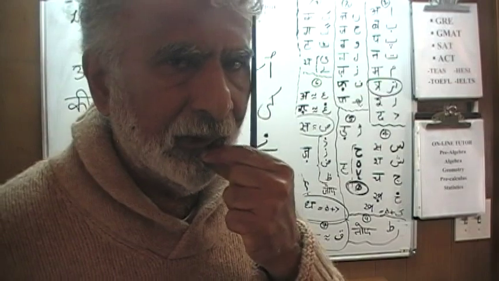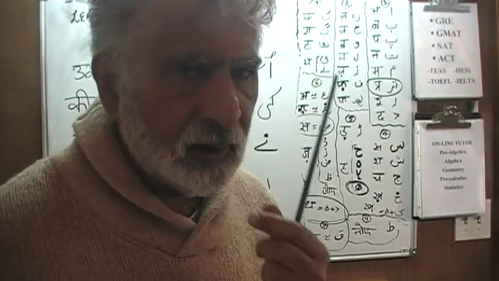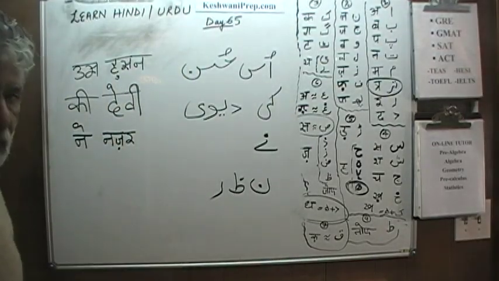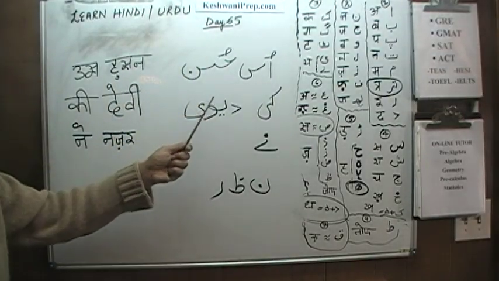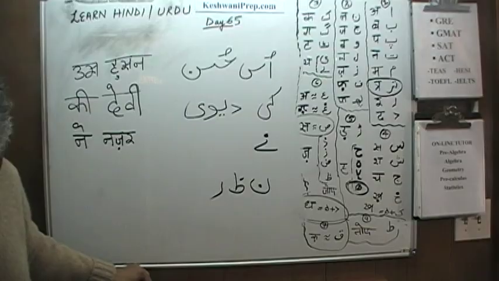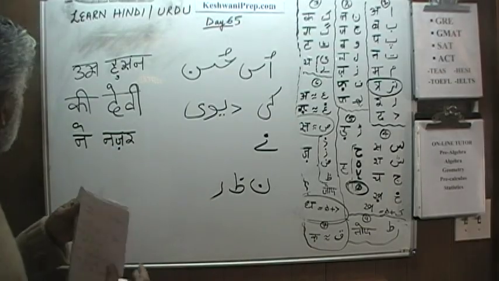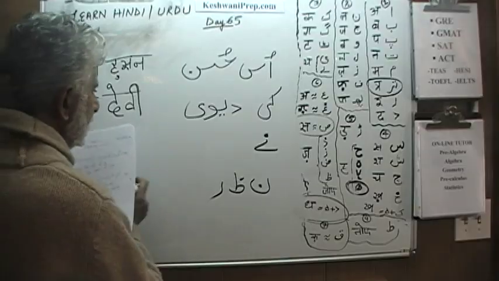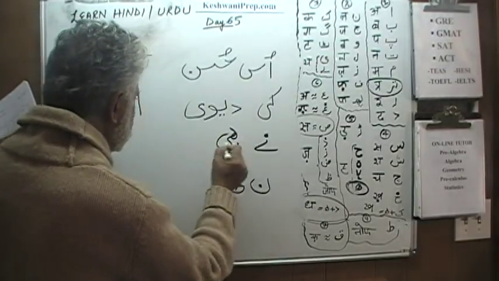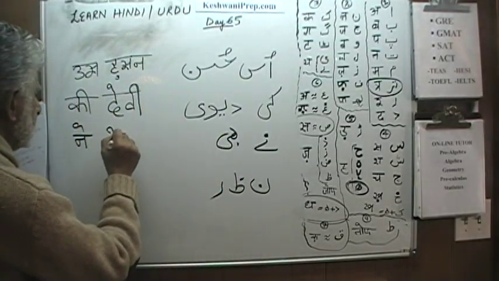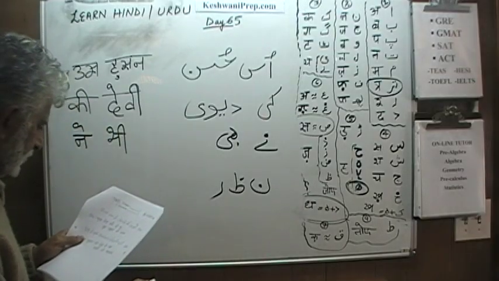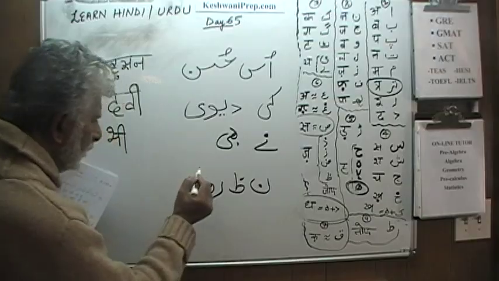Here nazar is just one, but that's what it means. Look or eye. We don't need a singular, we need plural. Us husn ki Devi ne bhi. Oh, we forgot the bhi. Husn ki Devi ne bhi, we need nazron. Nazron, plural.